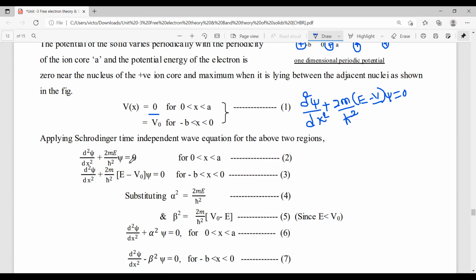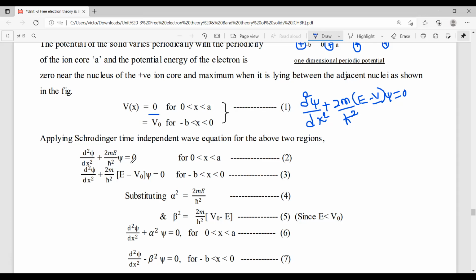Then we get the expression d square psi by dx square plus 2mE divided by h cross square psi equal to 0. So by applying this condition to the Schrodinger's time-independent wave equation, by taking V as 0 for the region 0 to a, we get equation 1.